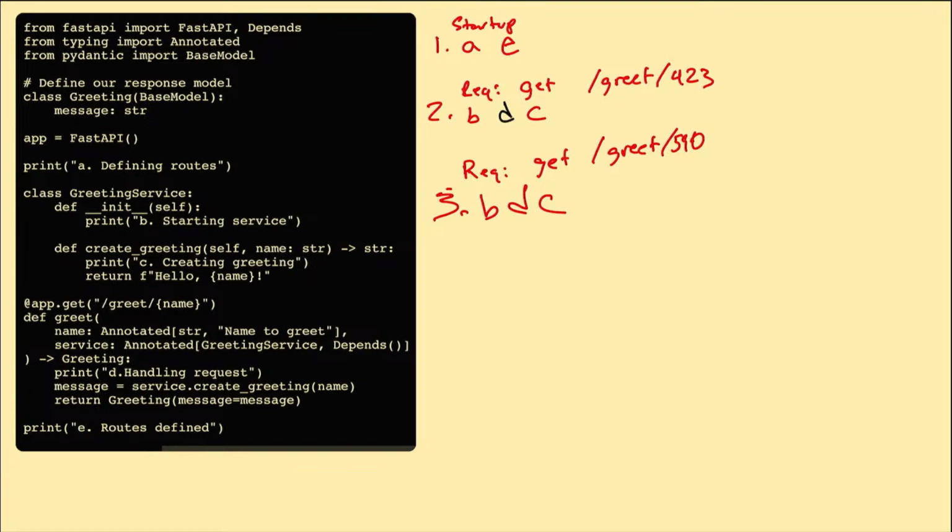Now you might think, well, what if we did want to have one object be instantiated for something like a greeting service rather than a new one each time and reuse that? Well, you have control, and there are techniques for doing that. You can have it either way, and that's thanks to the default way being, oh, we're just going to call... It's actually kind of clever. It just calls the function that you're depending on.